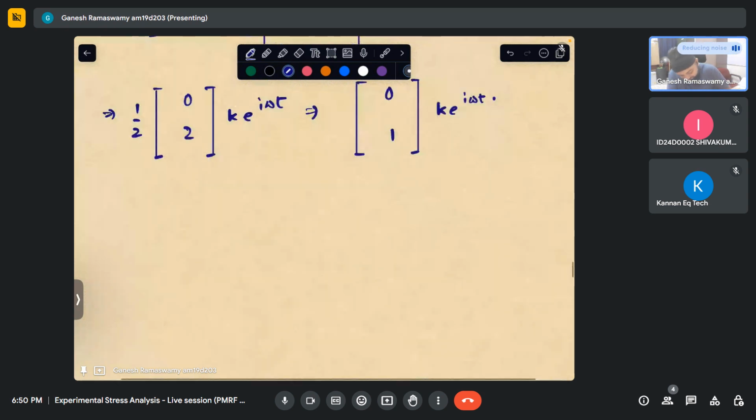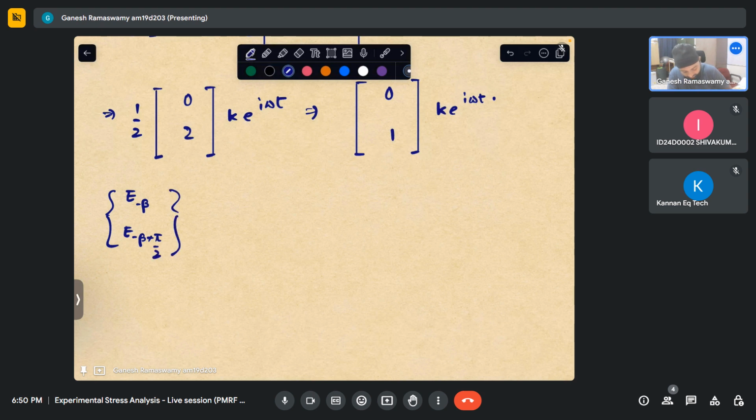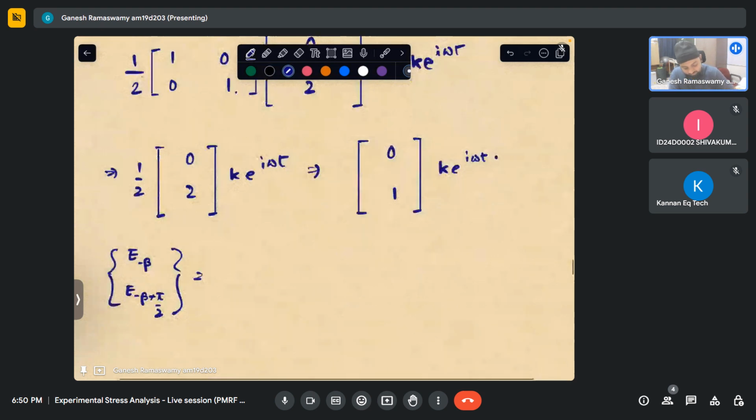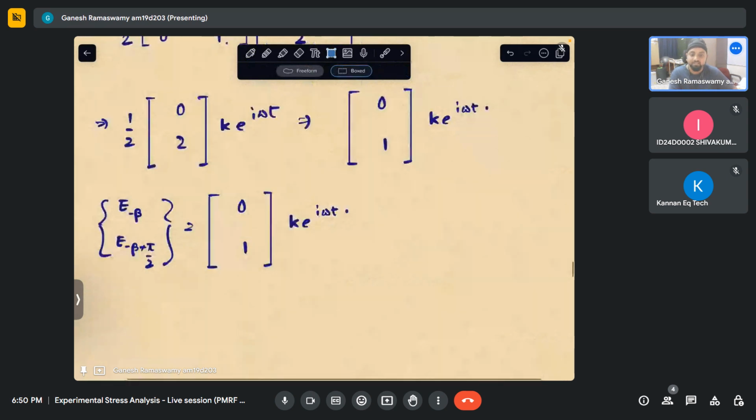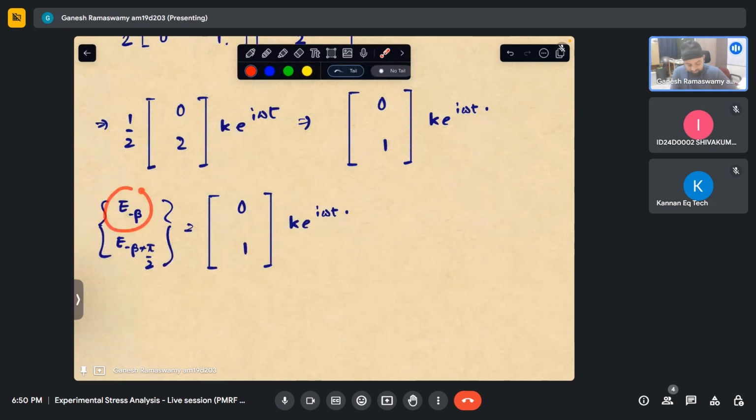And I know that this is nothing but E along minus beta and E along minus beta plus pi by 2, is what this quantity is. So what does this tell us? That no matter what intensity I pass along the analyzer, there is no light coming out of the analyzer.